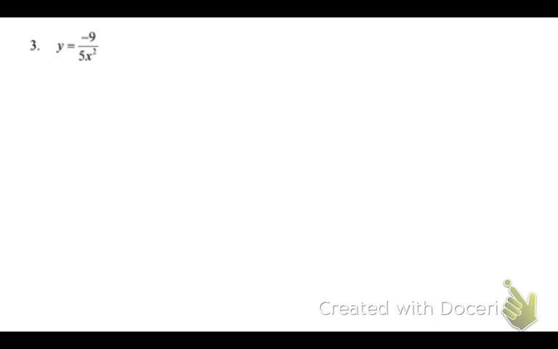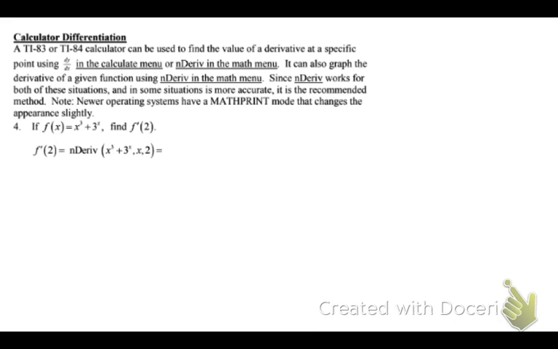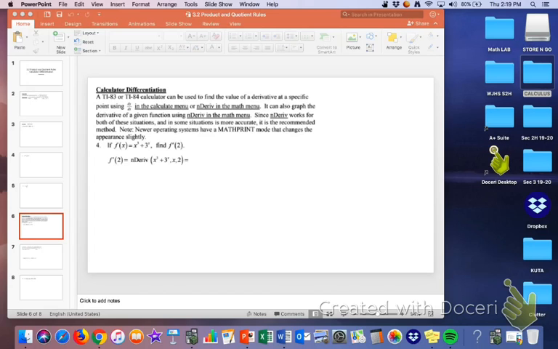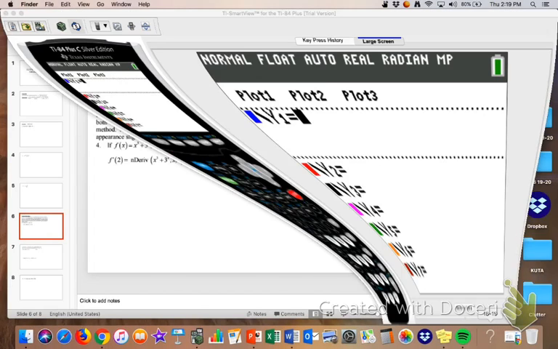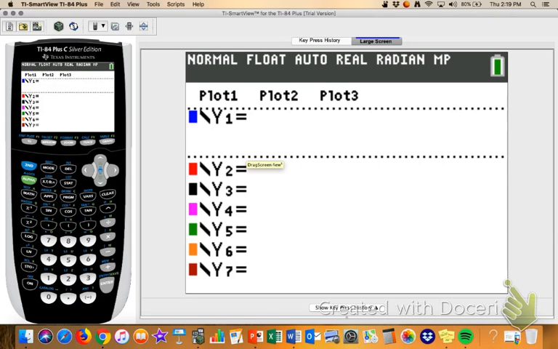All right, so the next thing we're going to do is talk about how to use your calculator to evaluate a derivative, and also how to use the calculator to graph a derivative. So let's take a look at this.